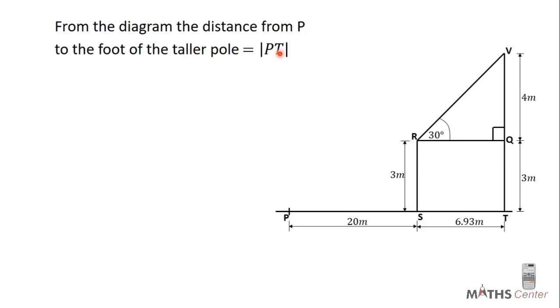The next part of the question says that we should calculate the distance from P to the foot of the taller pole. This is the foot of the taller pole, point T, and this is P. We have found ST to be 6.93 meters.